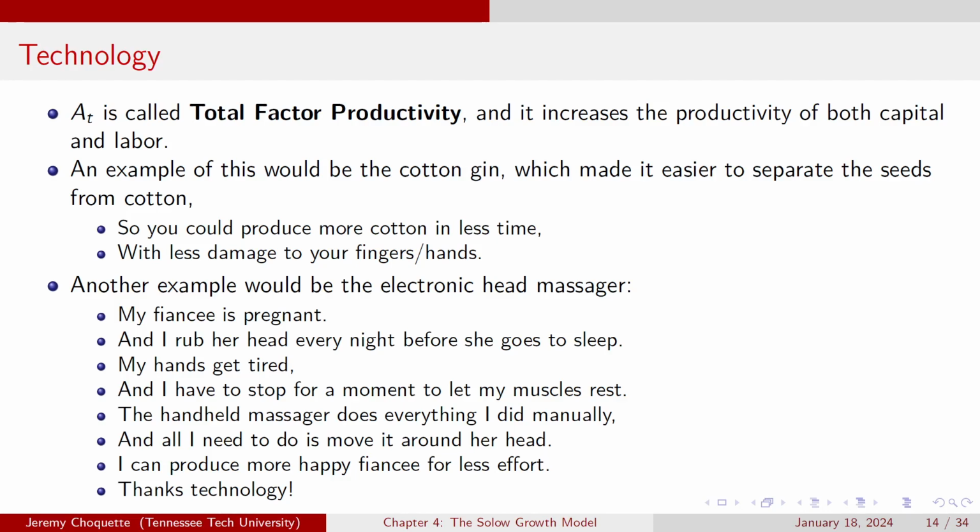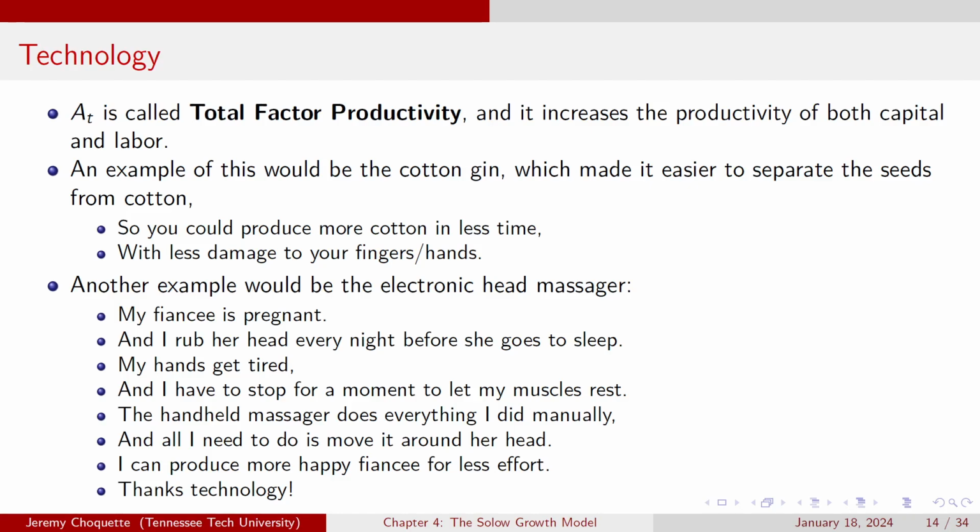It looks kind of like that. It's really strange, but it's super awesome because it can massage her scalp, and all I need to do is hold it right over her head and move it around, and it massages different parts of her scalp. Now I don't need to do as much because this is doing all that work for me.